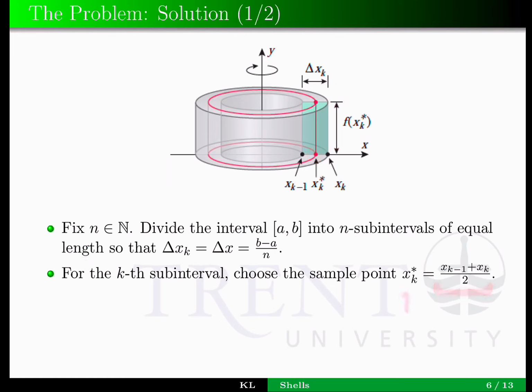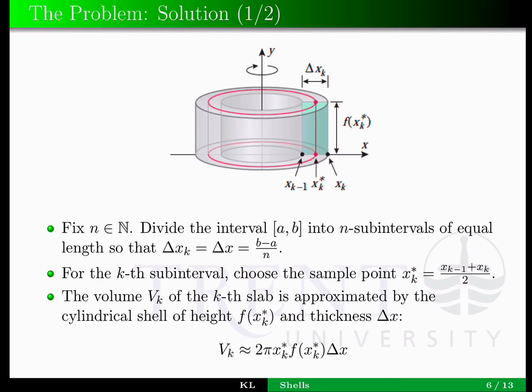So after choosing that, the height of the slab, this cylindrical shell here, will be f of x sub k star, and the thickness is delta x. The average radius is x sub k star.